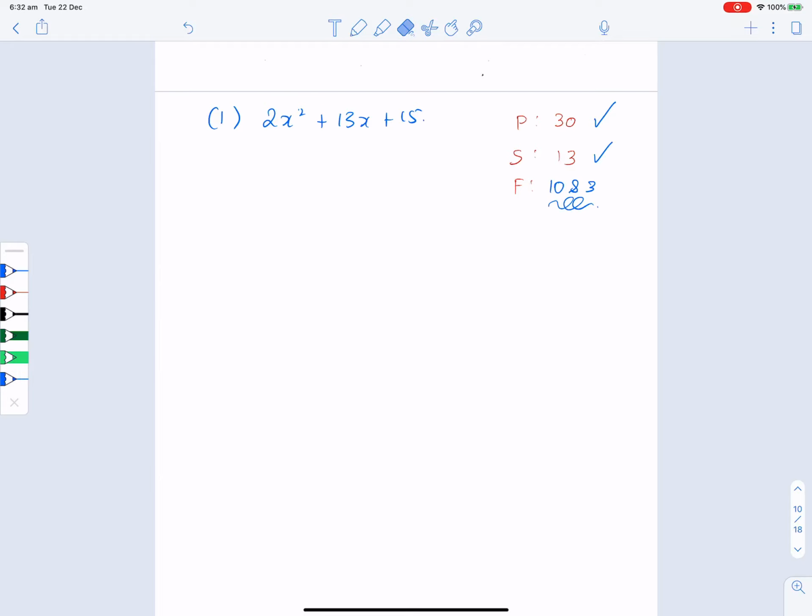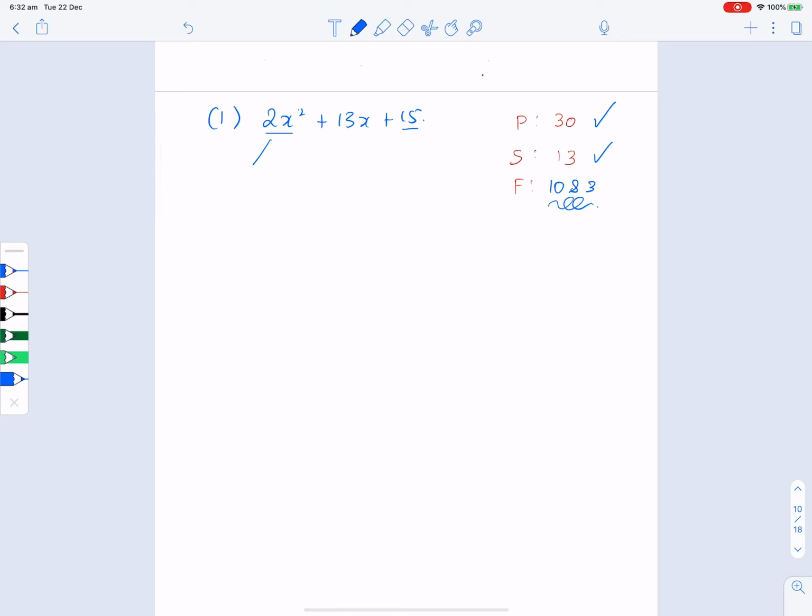Okay, so now what we do is we take the question, we leave the 2x squared alone, and we leave the 15 alone now. What we're going to do is rewrite the 13x as 10x plus 3x.